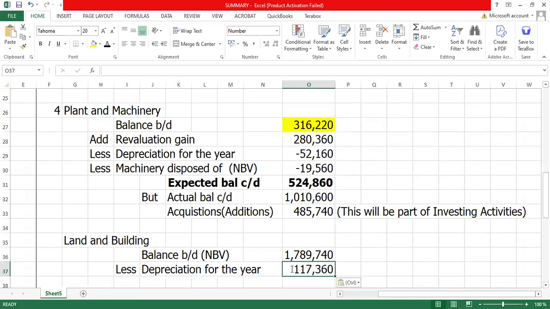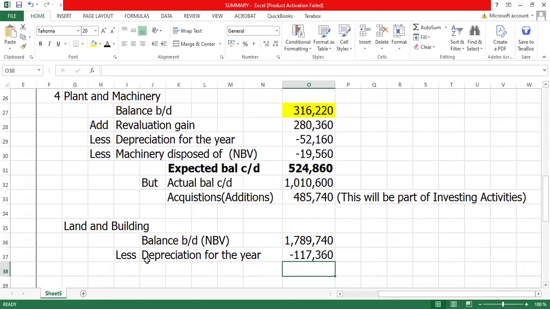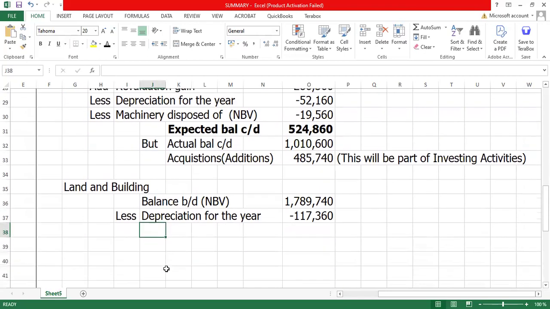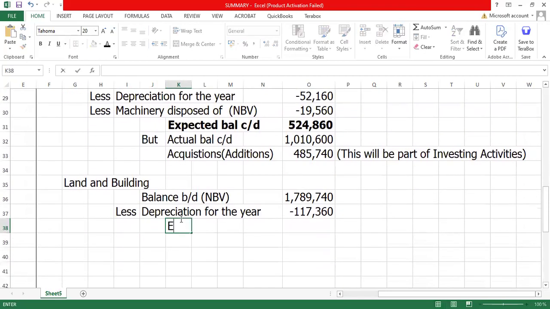But you can make it as a negative. Do we have the asset that was sold like a building or land? No. So you don't need to remove that. You don't have revaluation loss, so I can simply get the expected balance carried down. So you get this minus this.